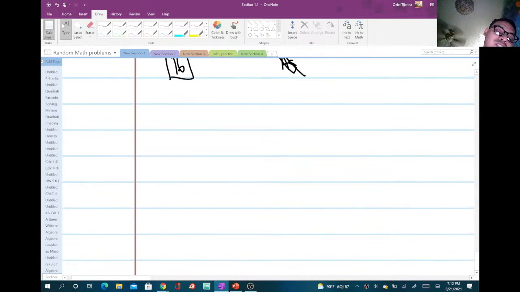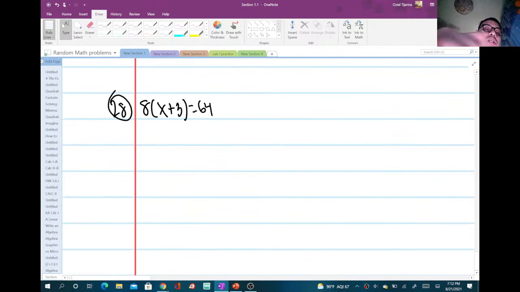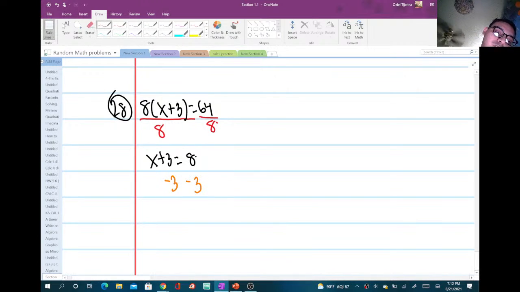Now, the algebraic portion is the variable part. So this starts at number 28. We have 8 times the quantity x plus 3 is equal to 64. Now you can do this two ways. One way is you can divide by 8 on both sides, and you can say that x plus 3 is equal to 8, and then you can subtract 3 on both sides and say that x equals 5.